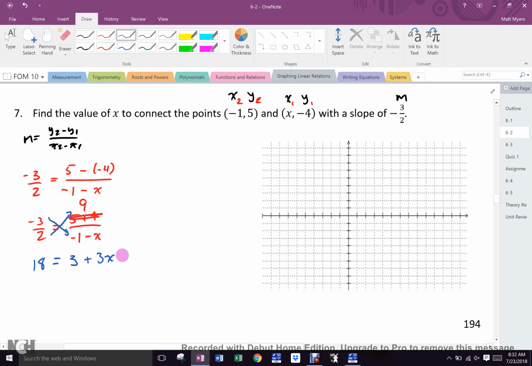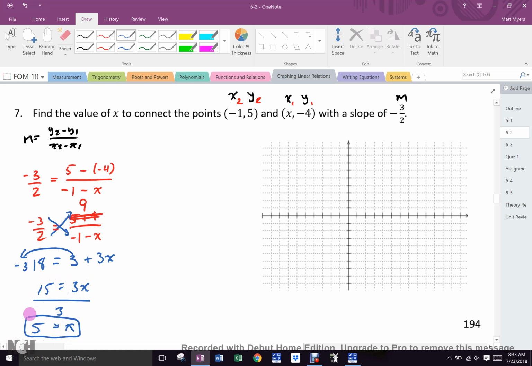Algebra. So the 3 is going to come over here and become what? Negative 3. Negative 3 and 18 is 15 equals 3x. What's my last step? Divide by 3. So what does x equal? 5. Is everybody good algebraically?